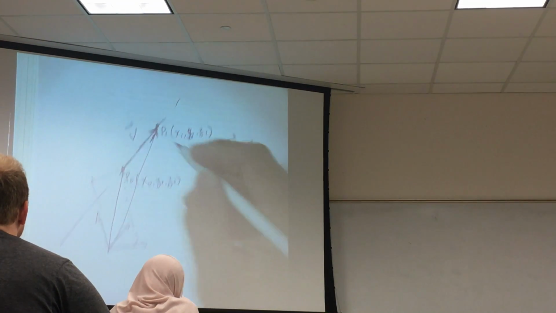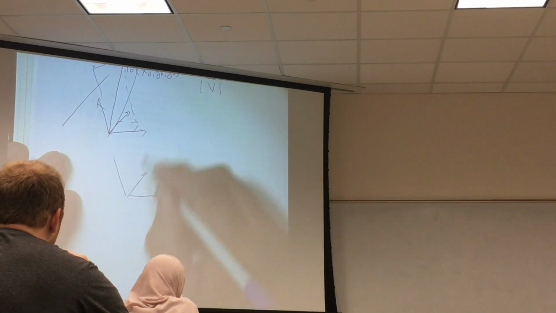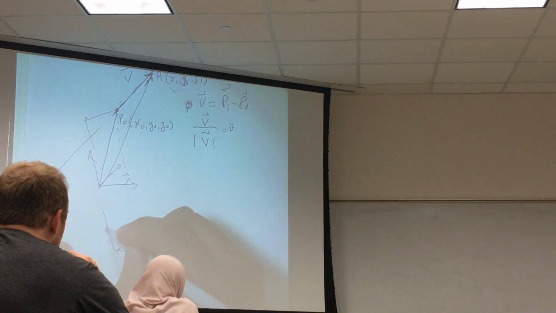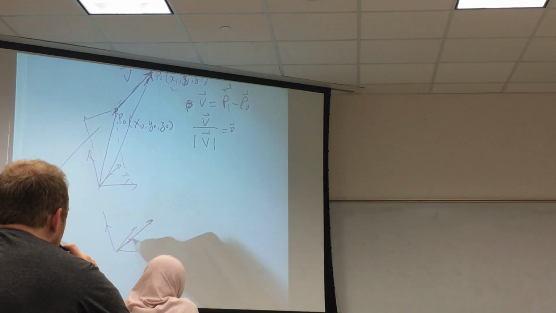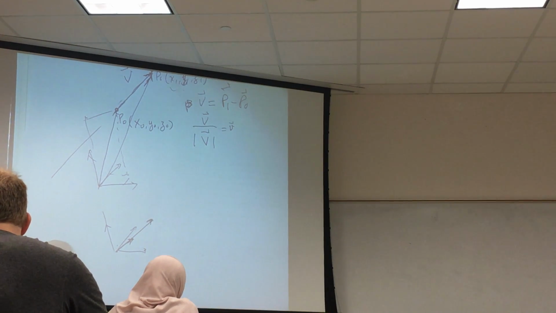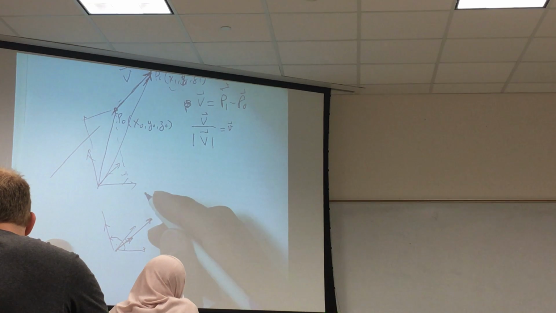So this thing, if you look at this one, the V becomes here. If I shift this V down here, this is my V. Now the angle with this axis, and with this axis, we call it direction cosine, the angle that forms.